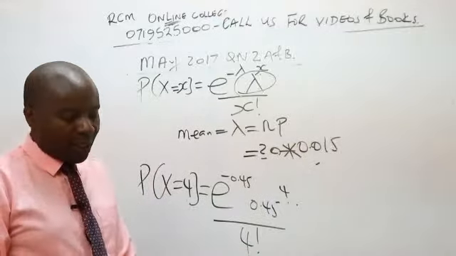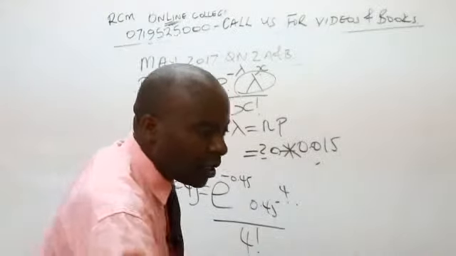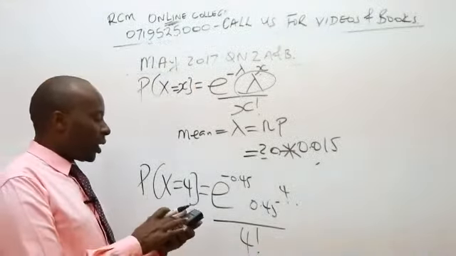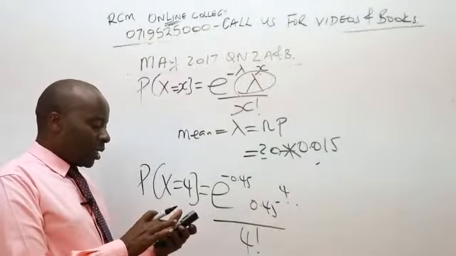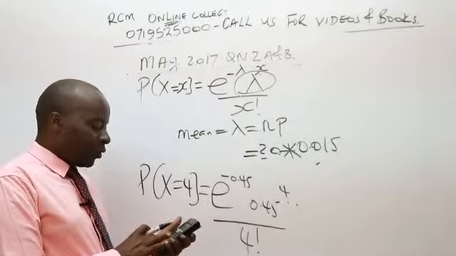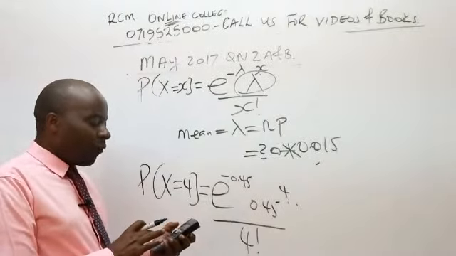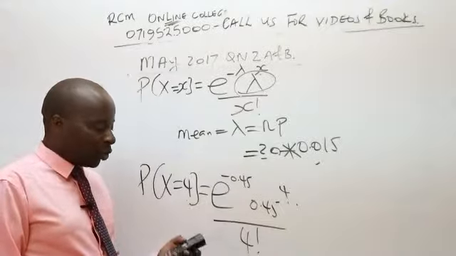So what you will need right away, ladies and gentlemen, is your calculator. E, minus 0.45, times 0.45 raised to power 4, divided by 4 factorial. I hope you are able to remember where the factorial is.